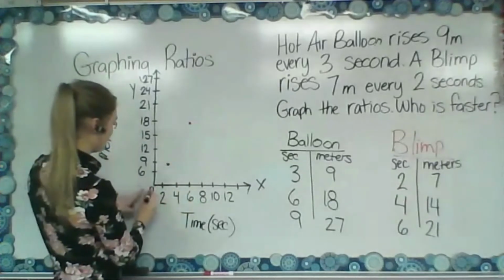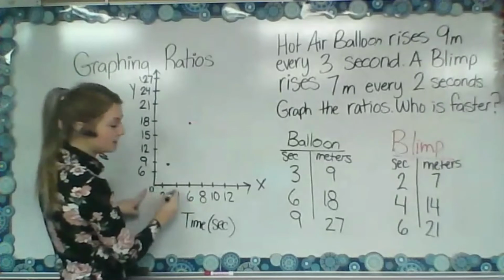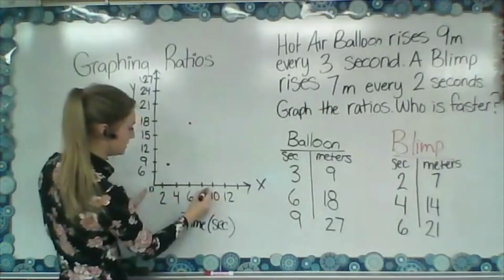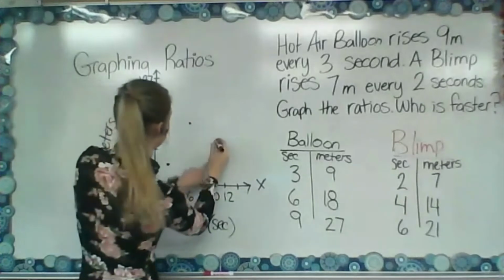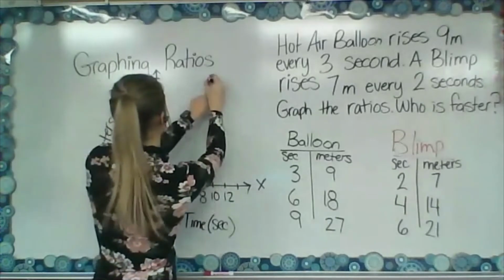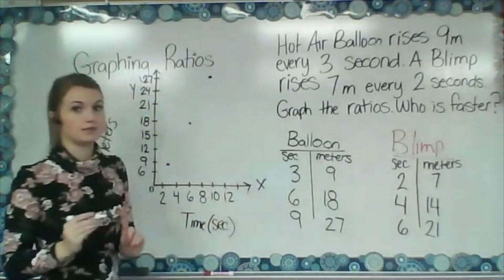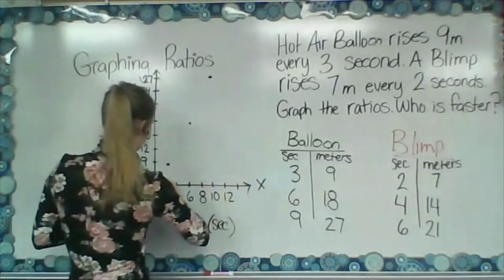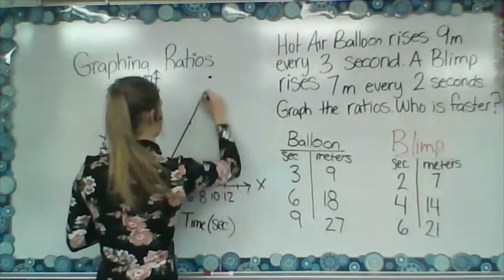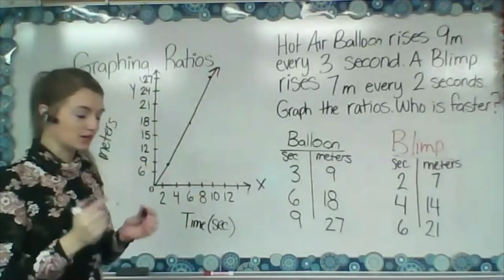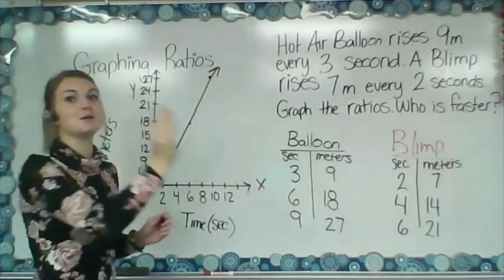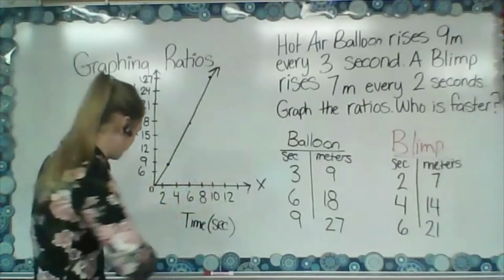And then I have 9 and 27, so it'd be in between these two, right? And then up all the way to 27, so we're right about there. 3 points make a line, so here we go. I'm going to try my best to make that nice and straight. There we go. The black line is the balloon.